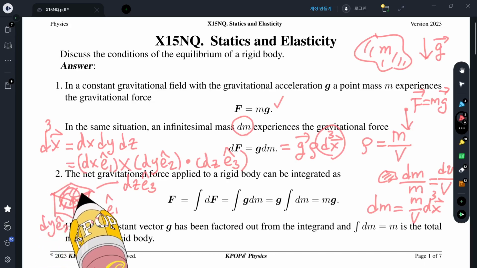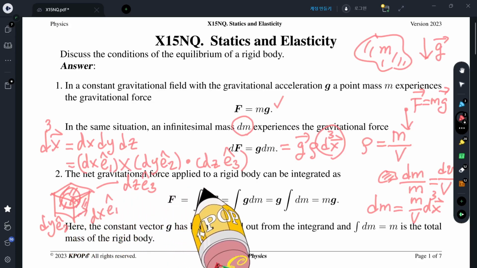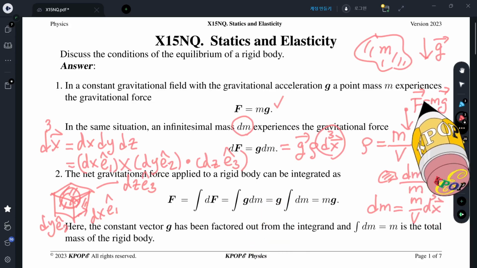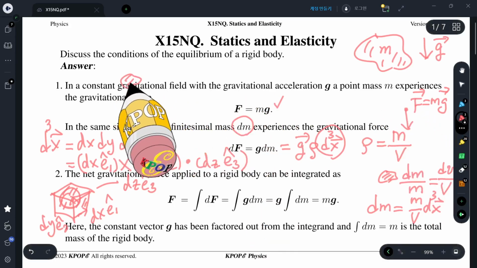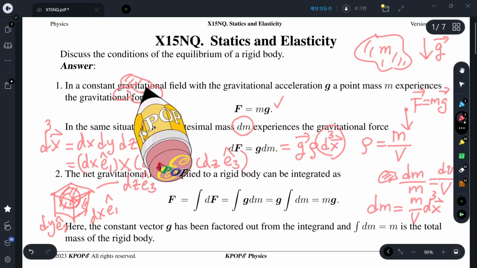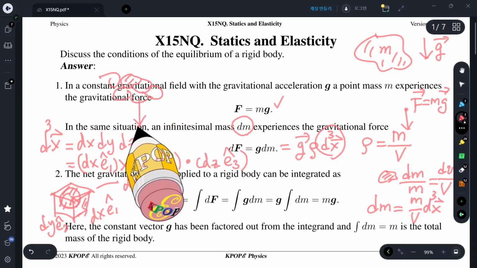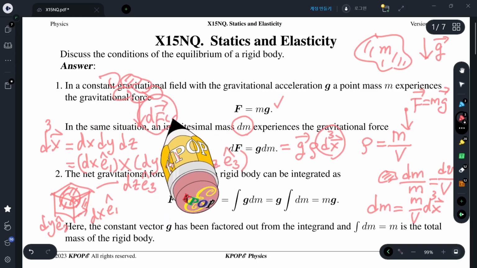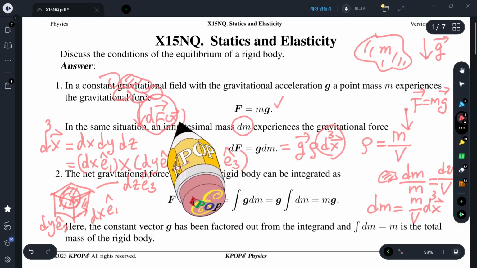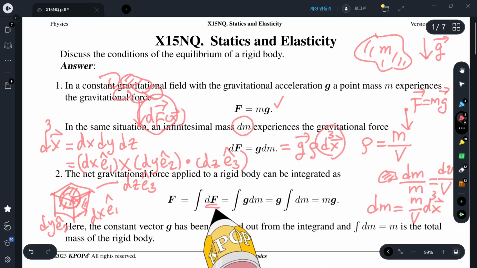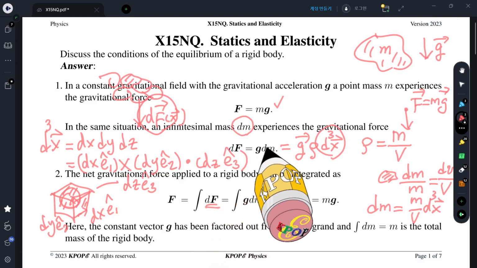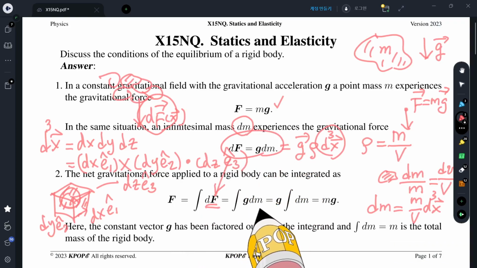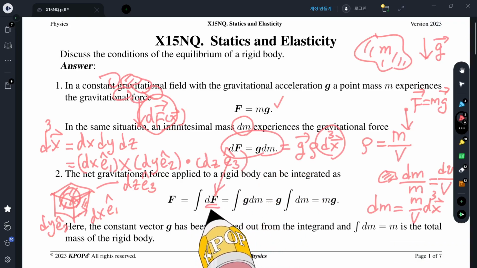Okay. The net gravitational force applied to a rigid body can be integrated as the gravitational force applied to a small element, and we sum all of the forces. So this small amount is called dF at position x. So this will be summed as an integral, and if I substitute this differential force element, g dm, we can express it like that.